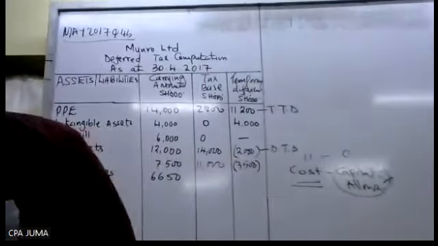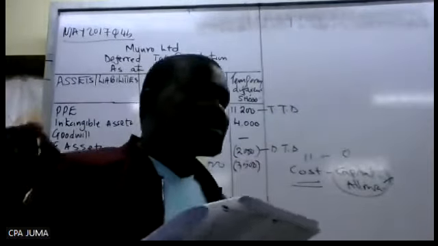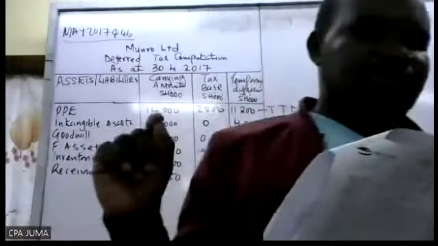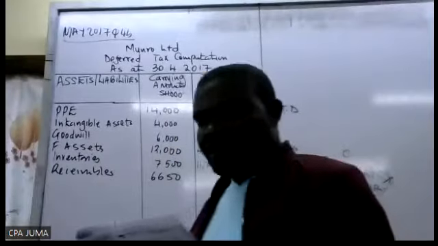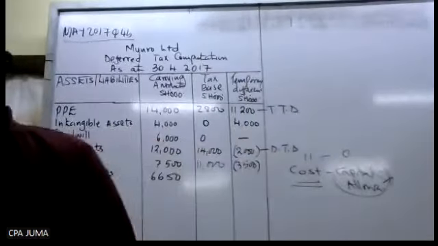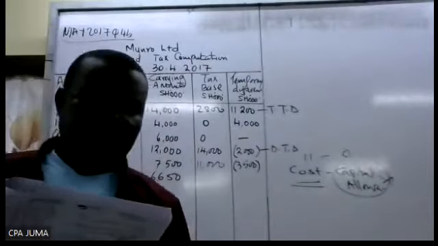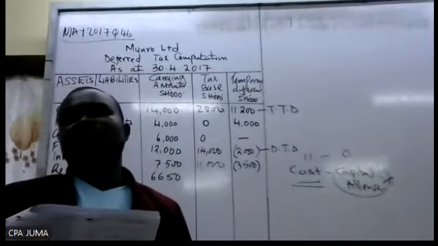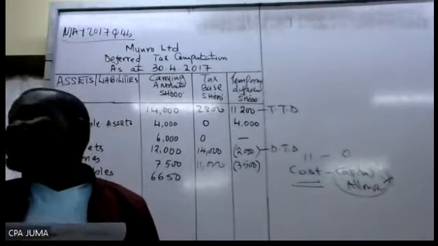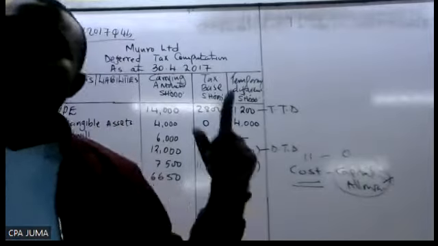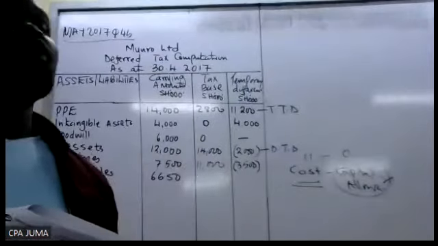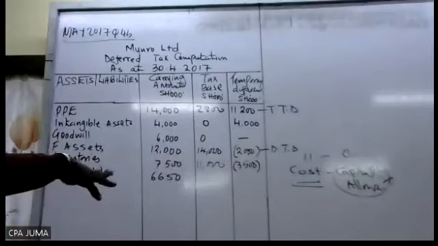Receivables are stated net of general allowance for bad debts at the rate of 5% of the gross receivables. The general allowance is not tax deductible. So it was not supposed to be subtracted. So the taxman comes first, gross back. So it means this 6650 is at what percentage?